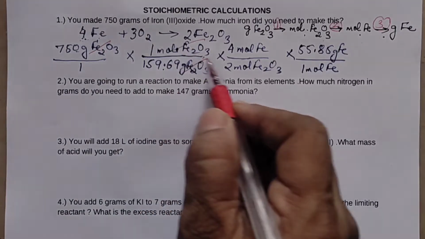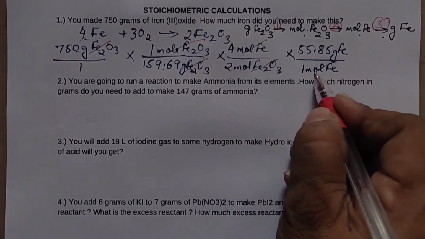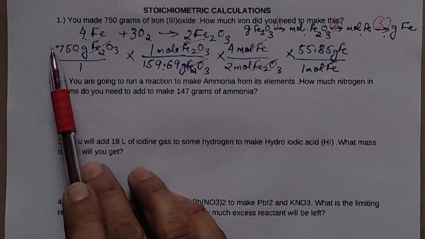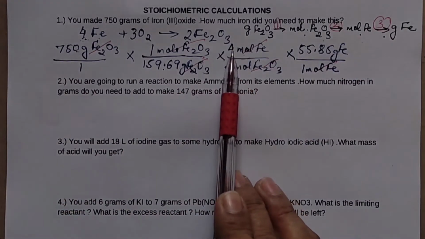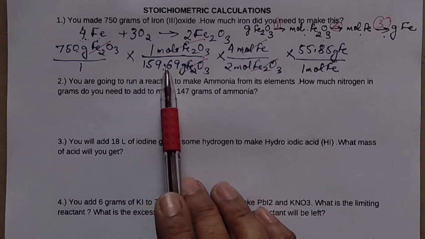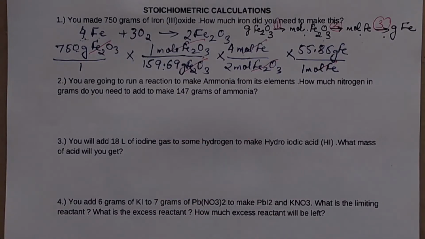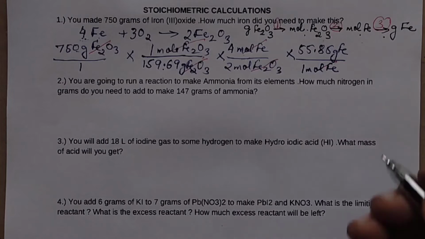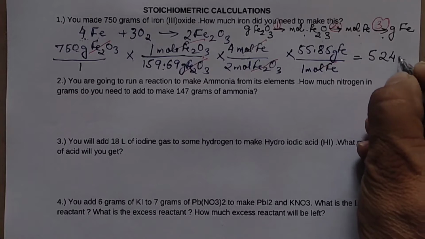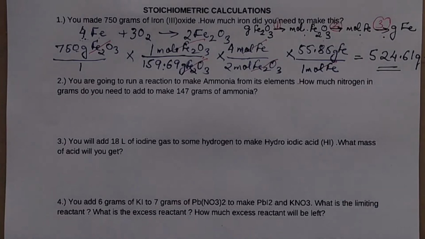Then mole of Fe2O3 with the mole of Fe2O3. Then mole of Fe with mole of Fe. So what we are left over with? Only grams. So when you solve this, that means 750 into 4 into 55.85 divided by 159.69 into 2. Right? So when you solve this, you get the answer as 524.61 grams. This is the answer you will get.